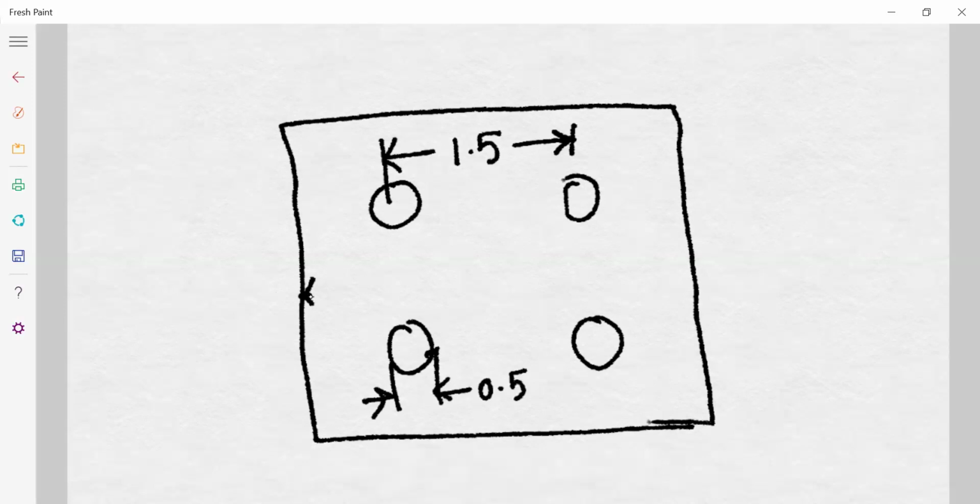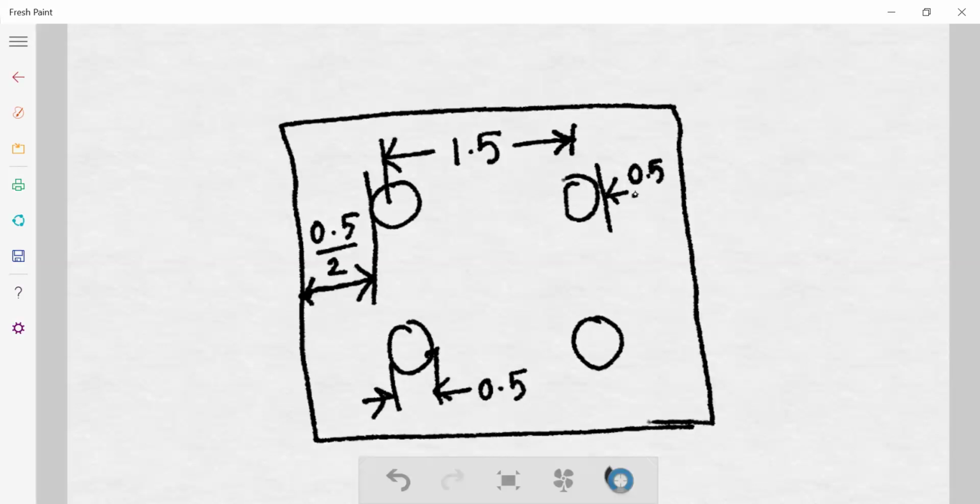So we can consider the distance till the edge of the pile as half of the pile diameter, 0.5 by 2. Everywhere the distance from the edge of the pile we take as half of the pile diameter, 0.5 by 2.